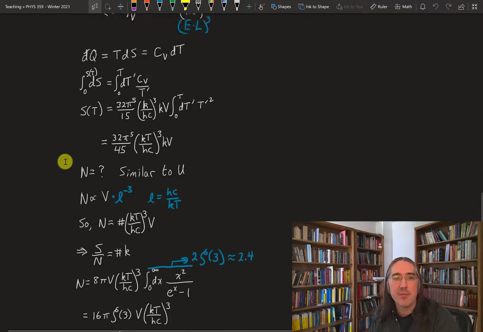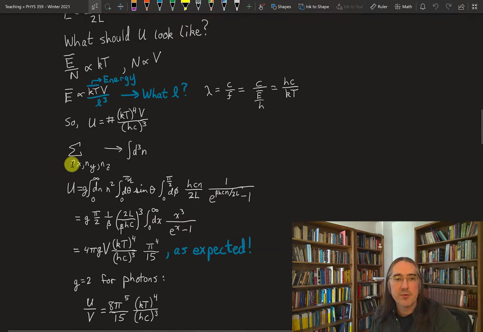I'm just going to grab the result that we had for U. The only difference when we calculate number is this stuff won't be here. We're just going to integrate over the mode occupation, not multiplying by the energy. So that's going to take away an hcn over 2L, which is to say we're only going to have x squared, not x cubed.